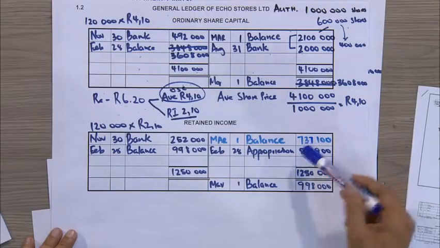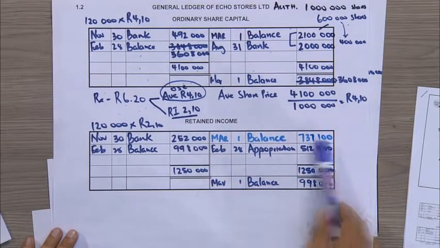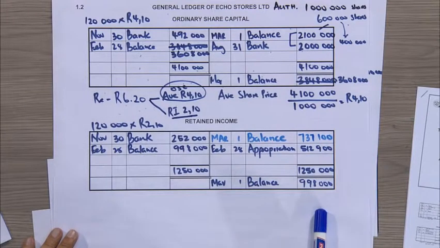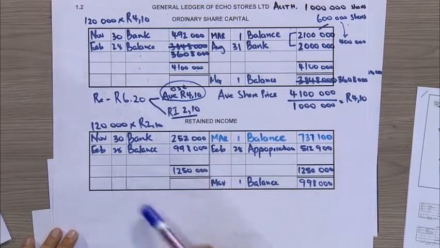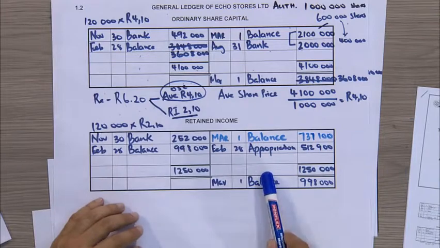So if we go to the subject assessment guidelines, you'll see there's 3 different methods of calculating the retained income. Some schools prefer to take the amount straight to the appropriation and then calculate the new retained income in the retained income account using the same principle, or some schools just do it the way we're doing it over here. Whatever you do at school, you do in the exams. They will make provision for all 3 different methods of doing the retained income note. Okay, I hope that answers that question.